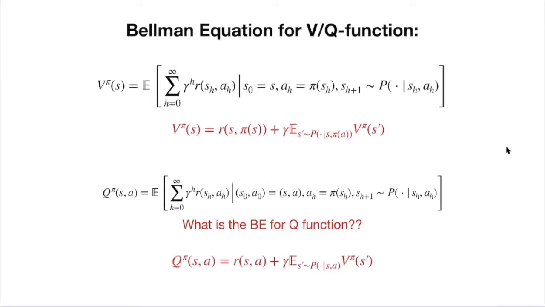You can write this Q function, again, as a sum of two terms: the one-step immediate reward, which now is the reward at state s and action a, because by definition the Q function first takes action a at state s, and then the total outcome in the next time step, s prime.